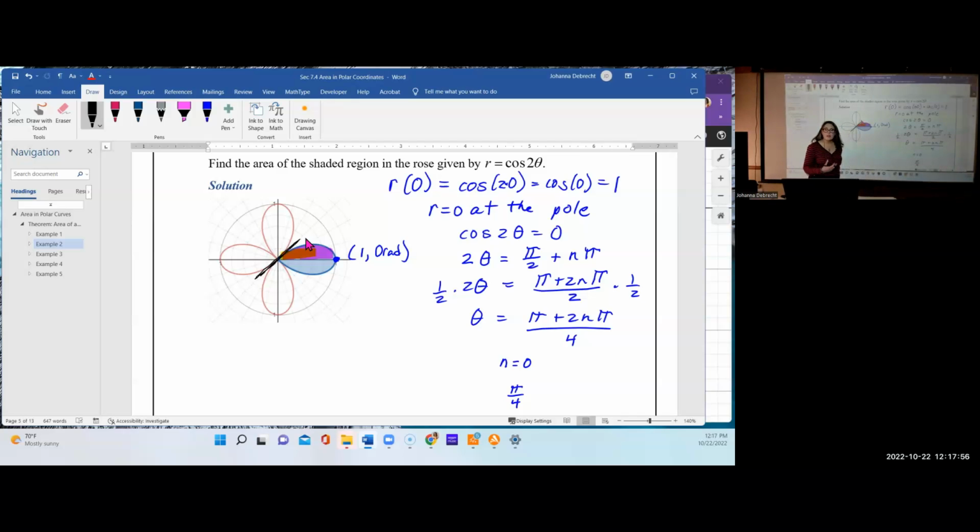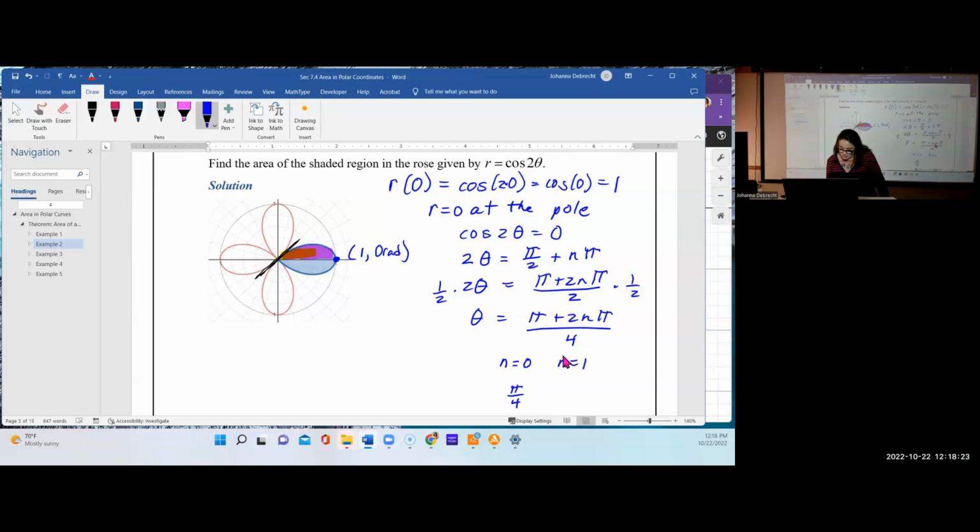But again, you can't rely on what you see with your eye, because your eye is not accurate enough. I can't really tell the difference between pi over 6 and pi over 4 very easily with the naked eye. That's why we need algebra and calculus. So I got pi over 4. Now it also hits the pole many, many other times, of course. Remember that it will also hit the pole when n equals 1.